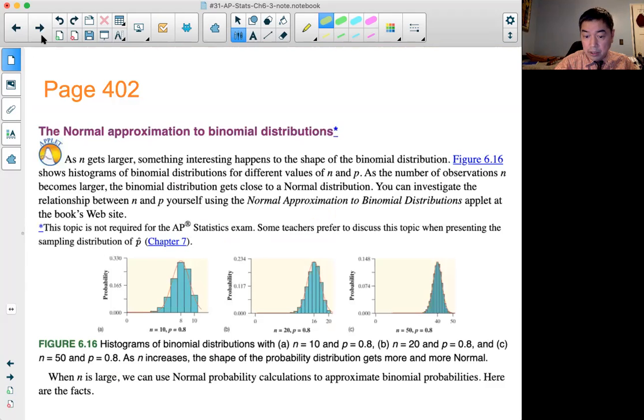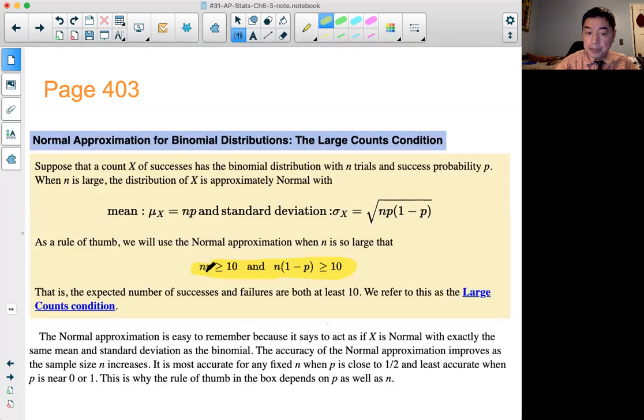Now, what was the rule about population? As a rule of thumb, we will use normal approximation when n is so large that n times p has to be bigger than 10, and n times failure has to be bigger than 10.